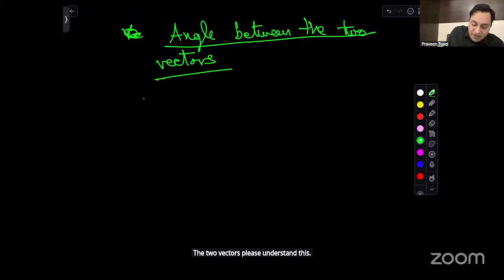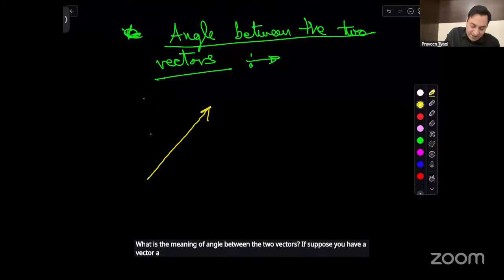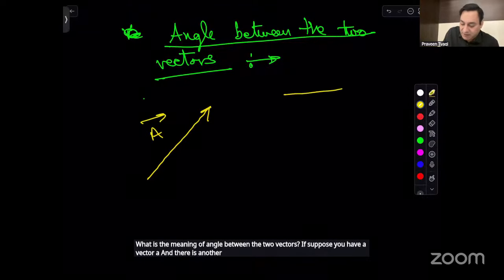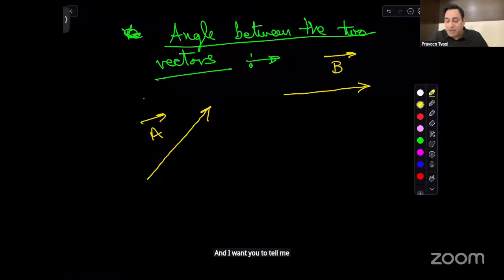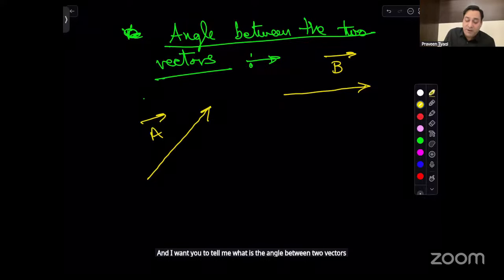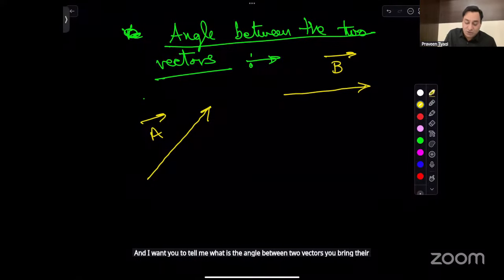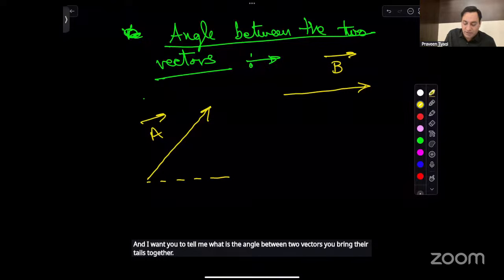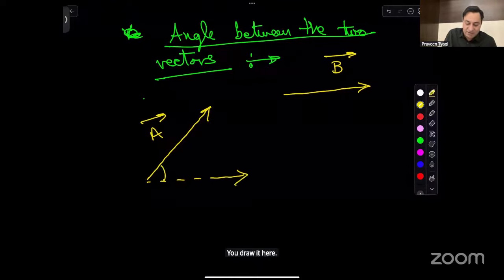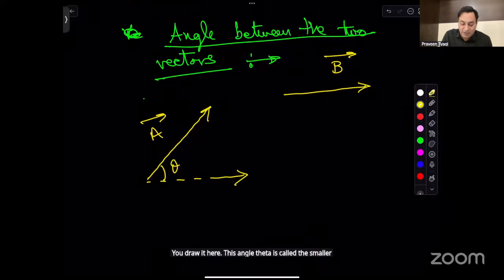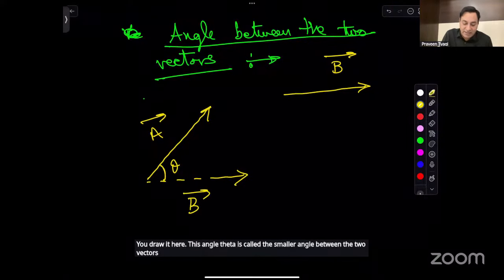If you have a vector A and another vector B, and I want you to tell me the angle between the two vectors, you bring their tails together. You draw it here. This angle, theta, is called the smaller angle between the two vectors. When their tails are placed together, it is called the angle between the two vectors.